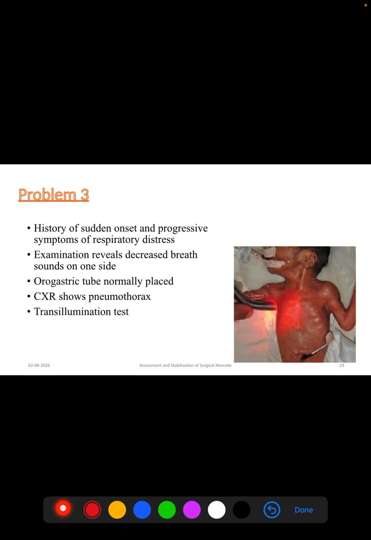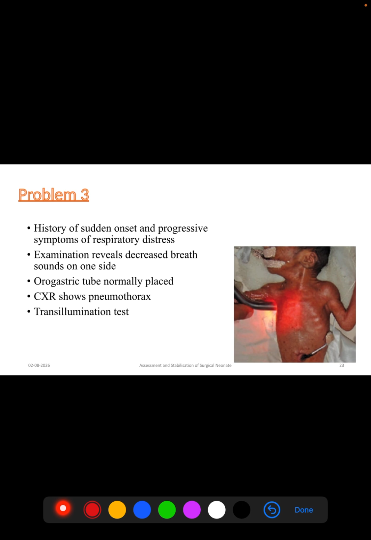Then if there is a history of sudden onset and progressive symptoms of respiratory distress, for example if the neonate is on mechanical ventilation, or has had prolonged bag and mask ventilation, you will get a history from the nursery of sudden onset and progressive respiratory distress. When you examine the baby, you will find decreased breath sounds on one side, and the orogastric tube is normally placed.